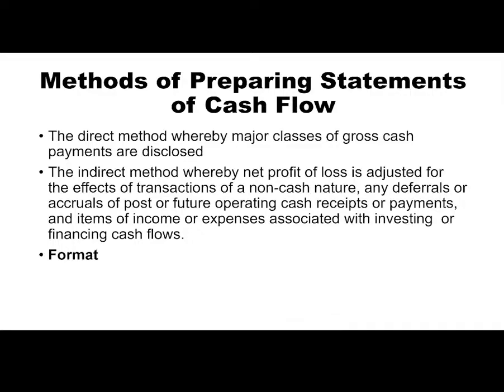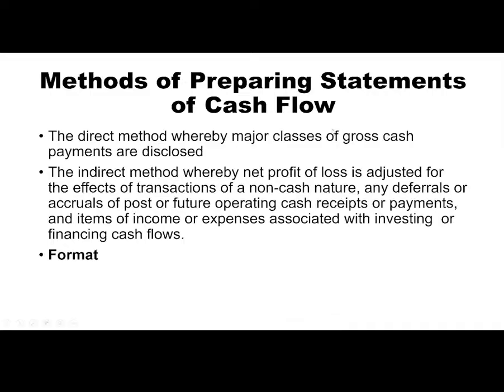The indirect method is whereby the net profit or loss is adjusted for the effects of transactions of a non-cash nature, any deferrals or accruals of past or future operating cash receipts or payments, and items of income or expense associated with investing or financing cash flows. So we have to adjust the net profit or loss.